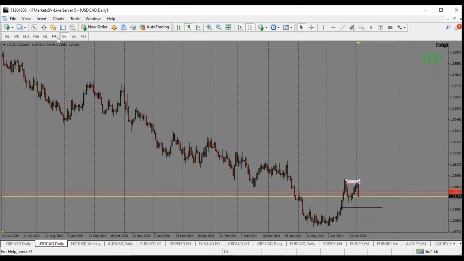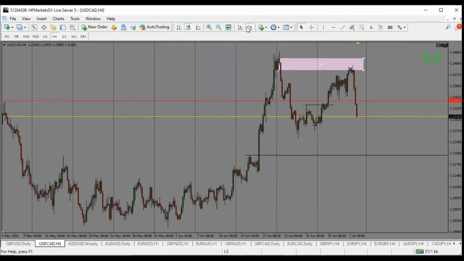So if we're able to have a rejection around here, we'll be looking at this place to be defending the price, so that we are also going to be bearish, because if the DXY is bearish, there is probability that USD will be bearish. Not every time, but there is probability.